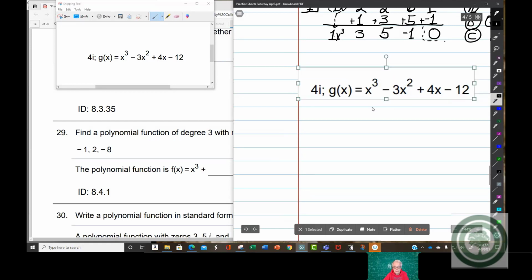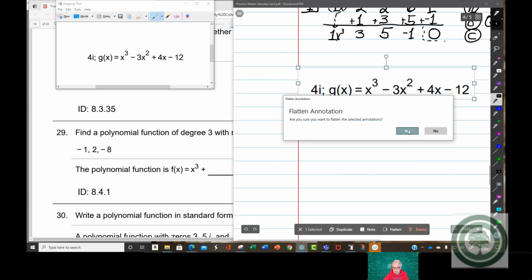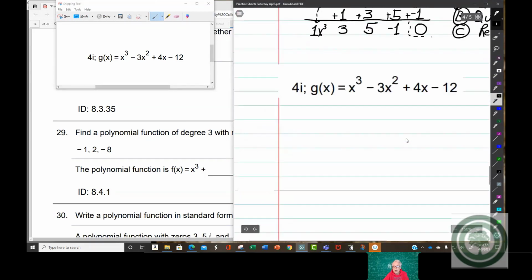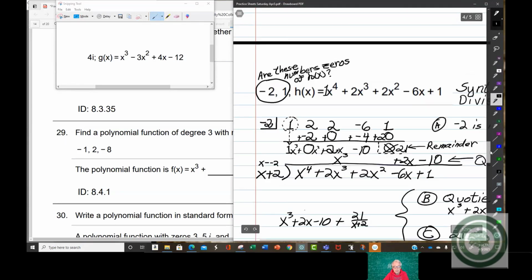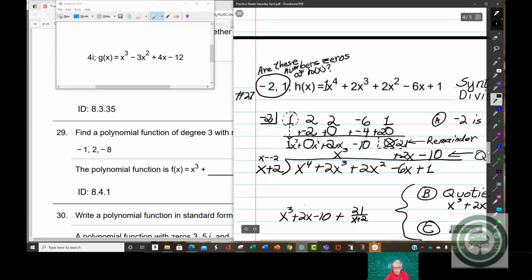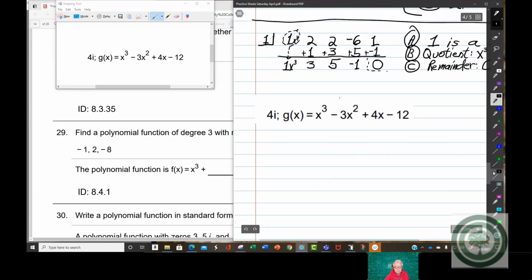And this is what, number 28. So up here is number 27, and then down here is number 28 on your practice exam. This.